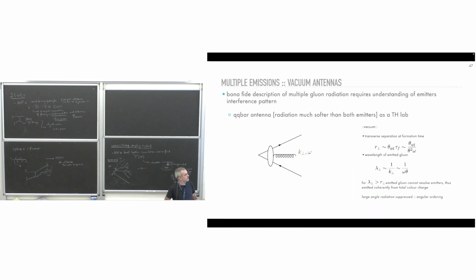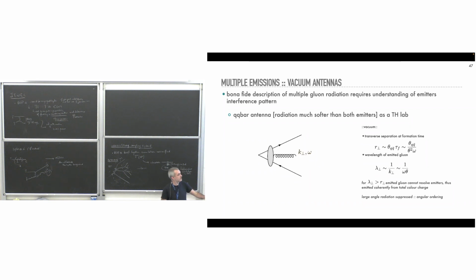And then in vacuum, this is pretty simple. The calculation is not simple, but the conclusion is pretty simple. I have two scales. I have the transverse separation of the QQ bar pair at the time that the emission occurs, the formation time. And I have the wavelength of the gluon I'm going to emit.